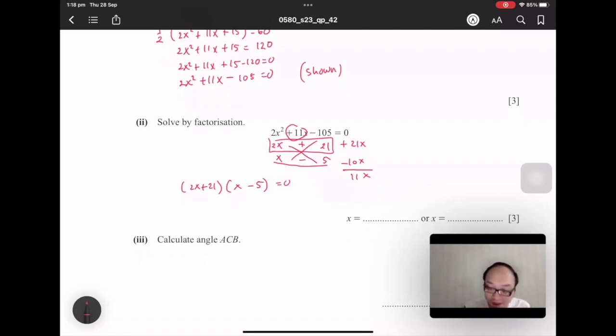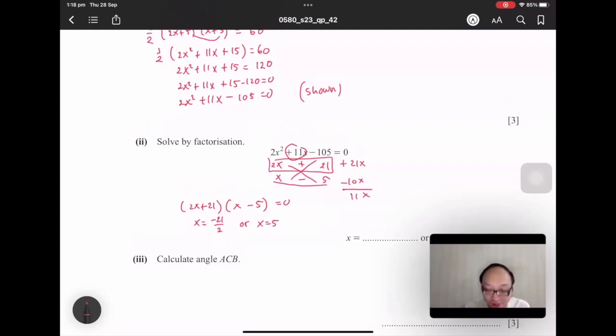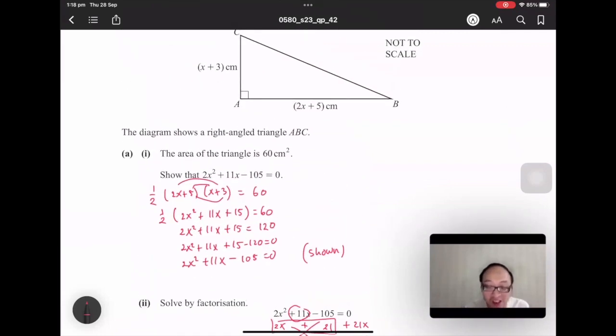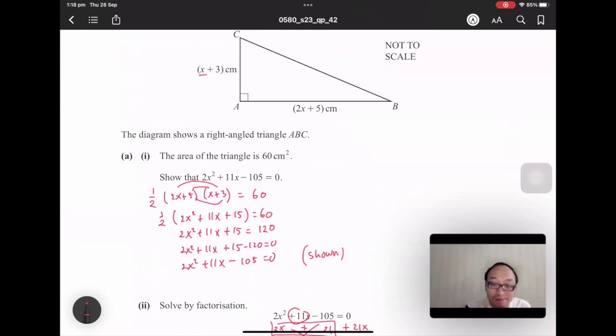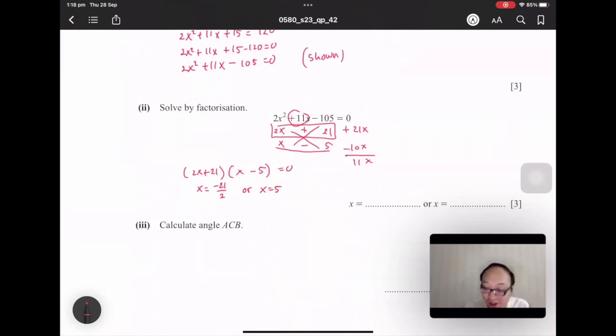equals to 0. That means x is negative 21 over 2, or x equals to 5. But since x here is the dimension of the triangle, so we ignore the negative.